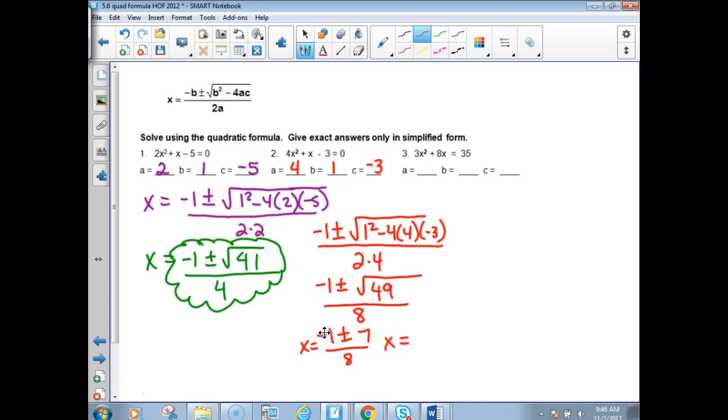So we have to do -1 plus 7, which is 6, over 8. 6/8 reduces to 3/4. And the other value, -1 minus 7 is -8, divided by 8 is -1. So the solutions or intercepts or zeros or roots, all those mean the same thing, are 3/4 and -1.